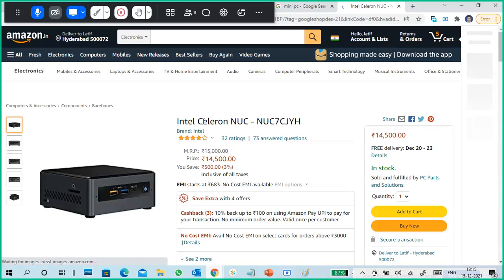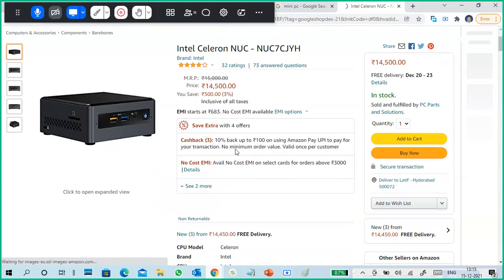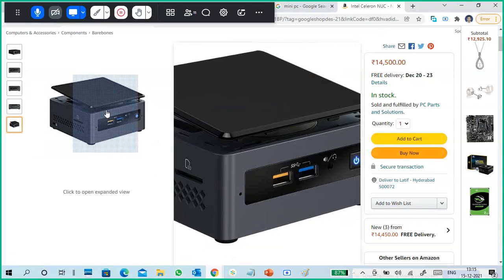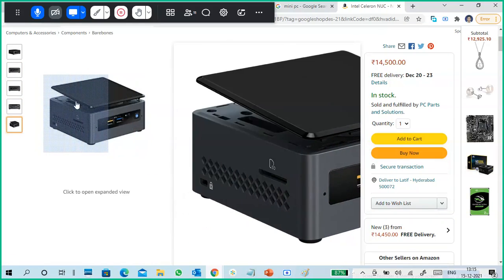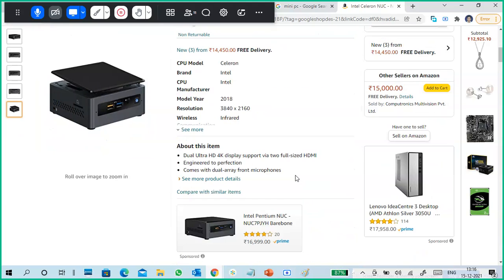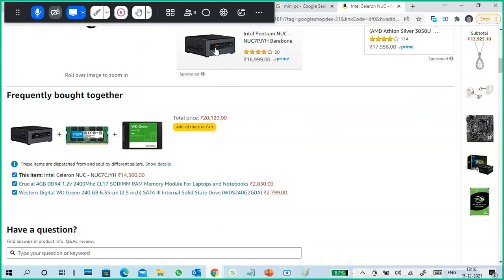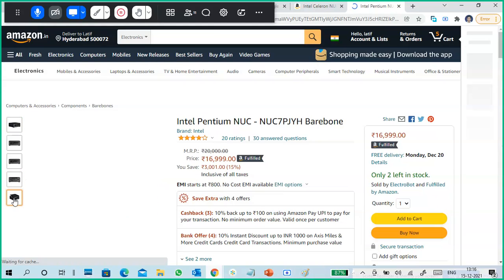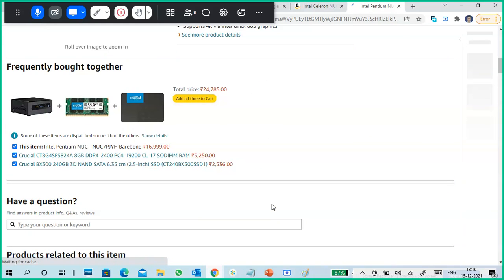If you go to this one, this is a Celeron NUC, with a built-in Celeron processor. See, we can open the cabinet and insert the things you want to insert. There are different types of mini PCs also. It fits in your palm.